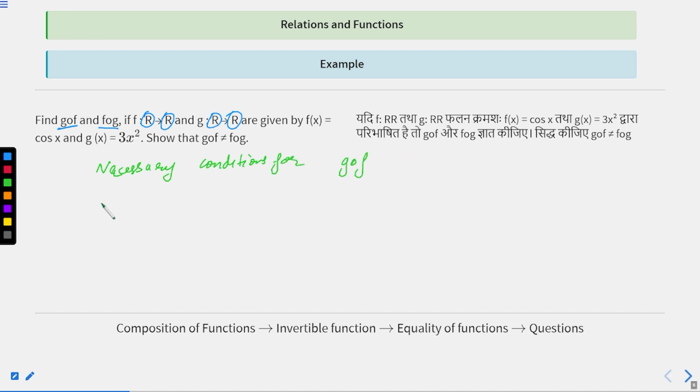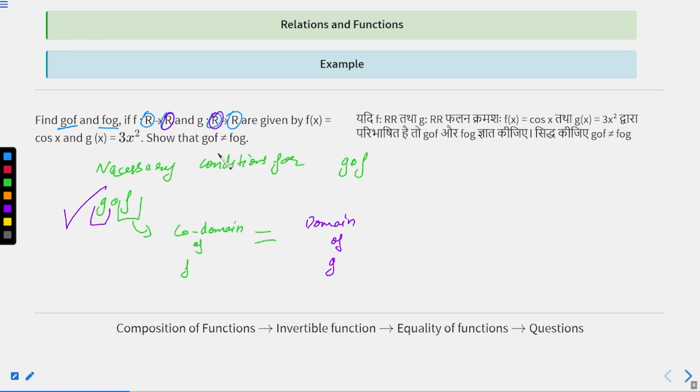Okay, so for g of f the codomain of f must be equal to the domain of g. As you can see, the codomain of f is R, and the domain of g is also R.